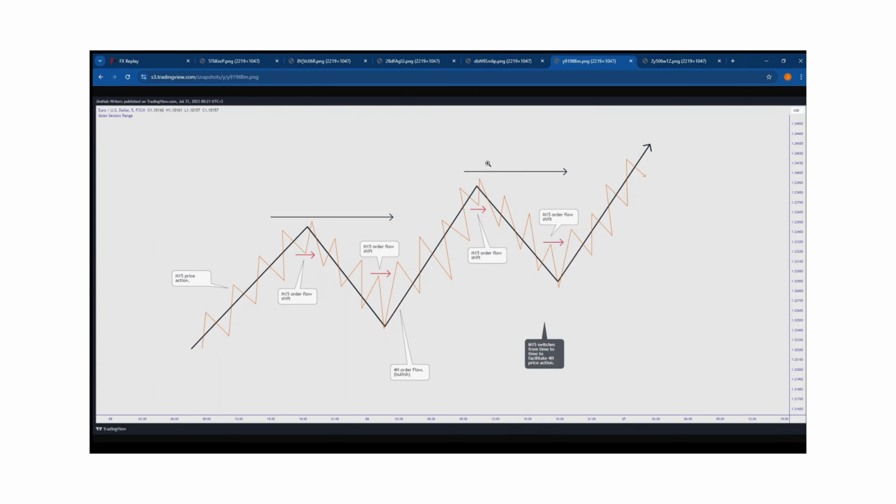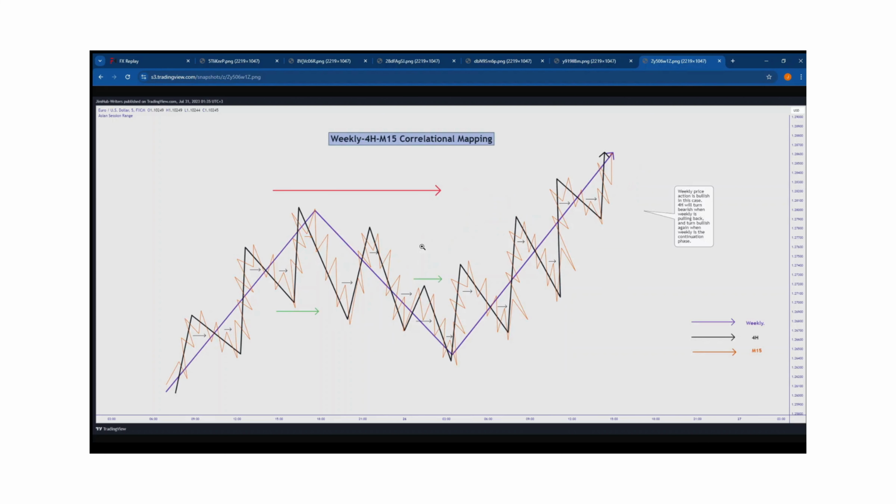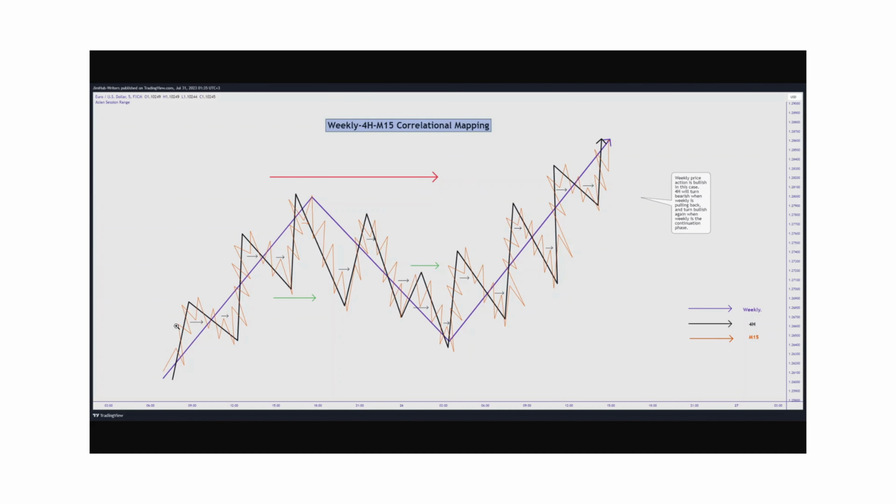So the H4 is bullish, but for the H4 to have a weak swing, this point over here, we need the M15 to shift bearish, form the weak swing of the H4, and then once the H4 is done playing the counter trend, the M15 will shift bullish again, and that's what this chart represents.